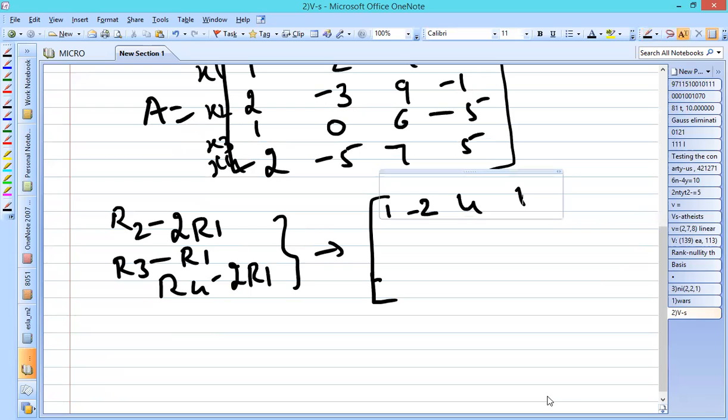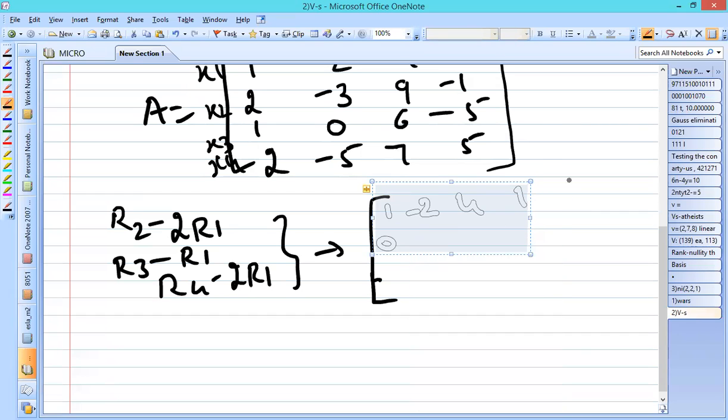Second row: 2 minus 2 is 0, minus 3 plus 6 is 3, then 1, and minus 3.